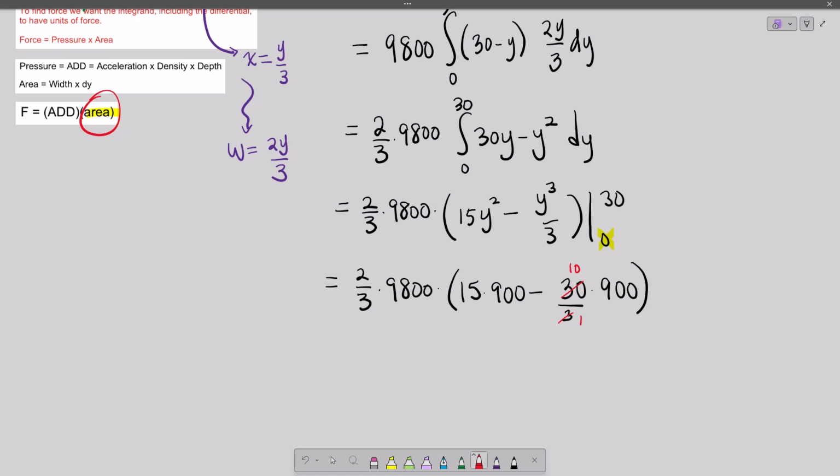So I'll do that during the break. I'll add that all up. This will be in newtons. So that will be the force. Look at that. Tell me if you have any questions on it.